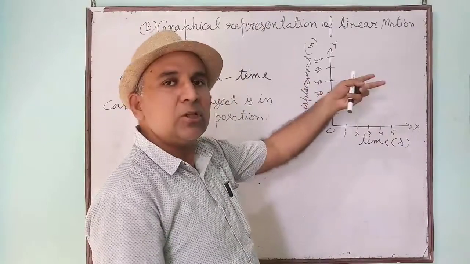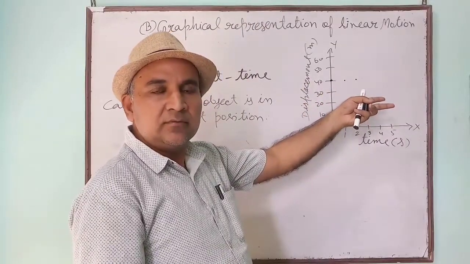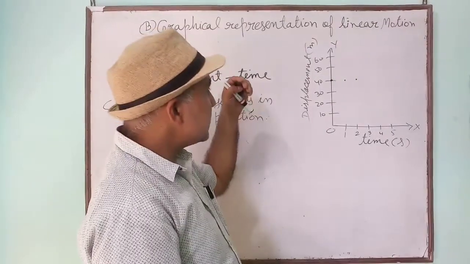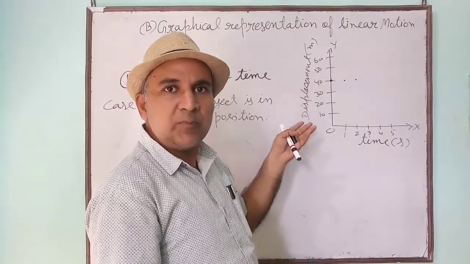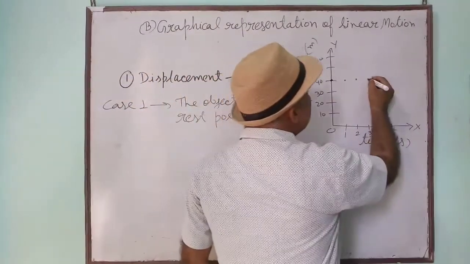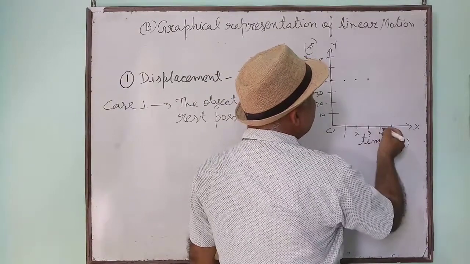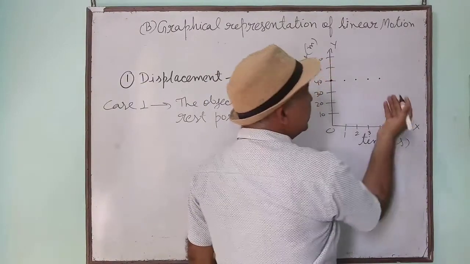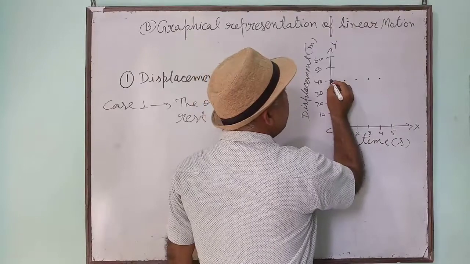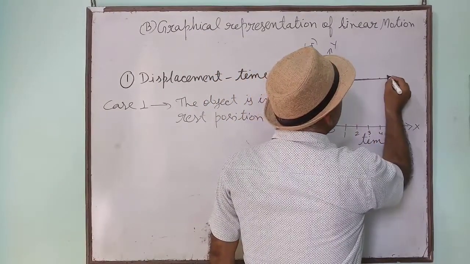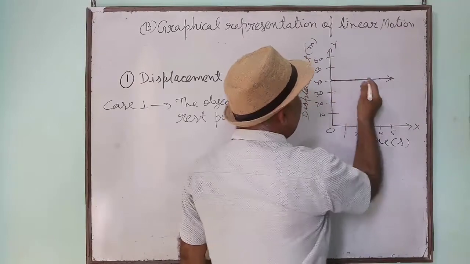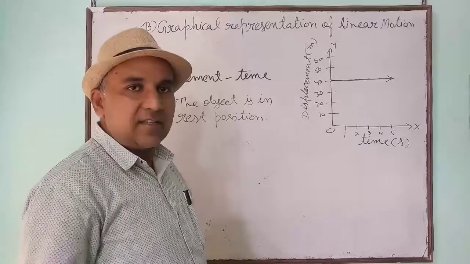So displacement will not be changed. So after 3 seconds, again it will be at the same place. After 4 seconds, it will be at the same place. If you join all these points, you will get a line which is parallel to x-axis.